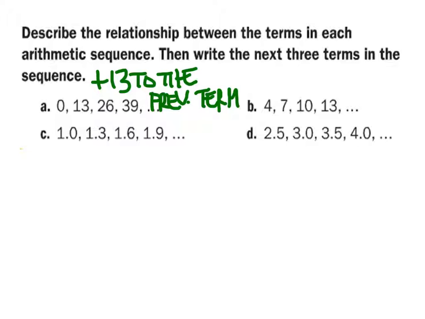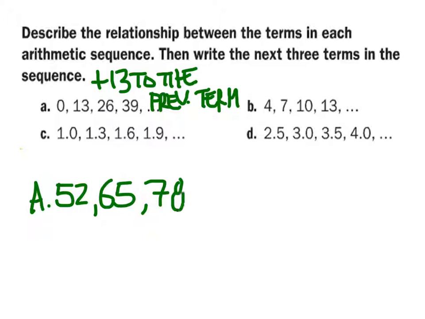Who will tell us that? Luke. 52, 65, and 78. Is he good? Yes, he is. Very good. All right, who will tell us the relationship in B? Aubrey?